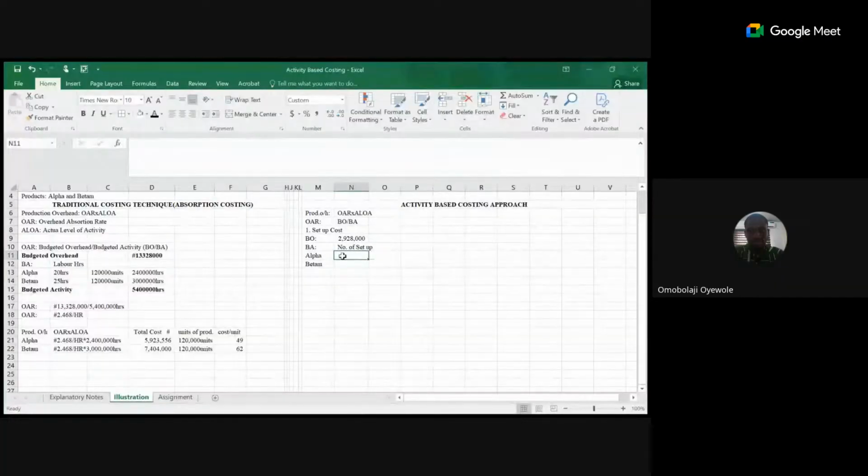For alpha, if you look at it, we were told that the cost driver for setup cost is the number of setups, right? Exactly. So check the number of setups from the information given.